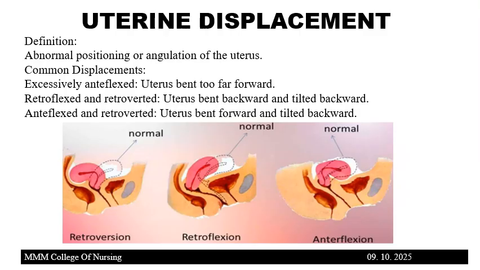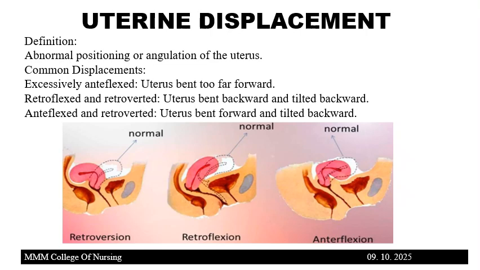As you see in the picture, first is retroversion. The normal version is given as a dotted line. The uterus is supposed to be in the position of the dotted line, but you see in the picture the uterus is tilted backwards. And the second one, retroflexion: here also the normal position is given in the dotted line, but the uterus position is retroflexion.